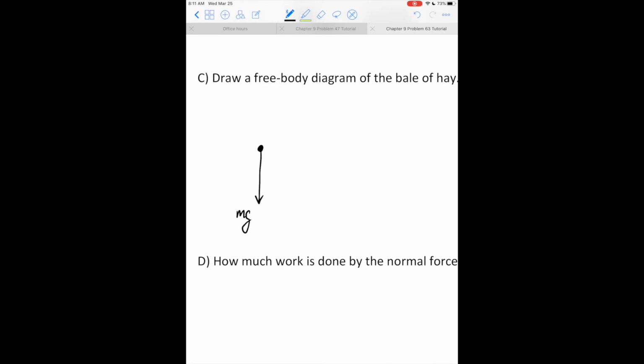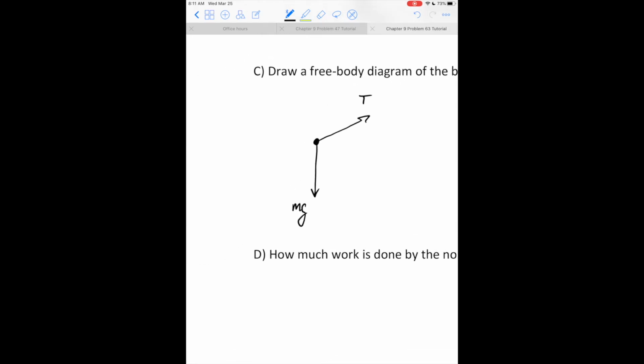So I'm going to have the tension from my tractor pull up the incline. Sorry, my frictional force. We already talked about the gravity force. The frictional force down the ramp. I have my normal force perpendicular to the incline.